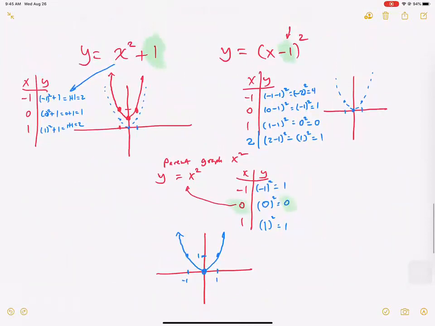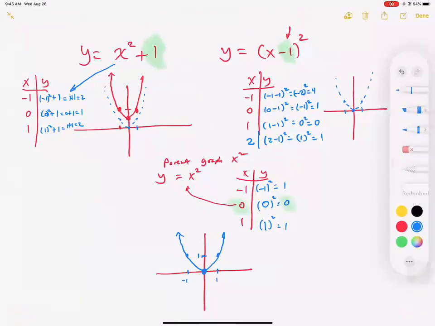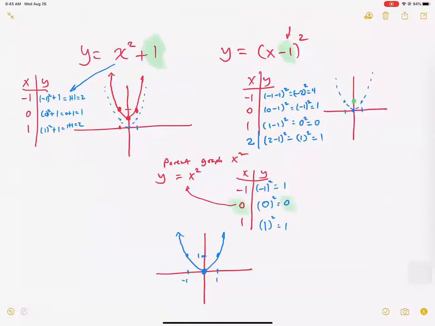Now let's go ahead and graph this. At x is 0, the y value is 1. When x is 1, y is 0. When x is 2, y is 1.